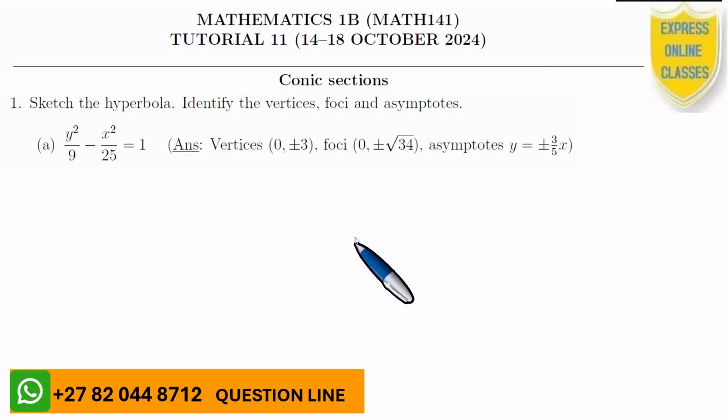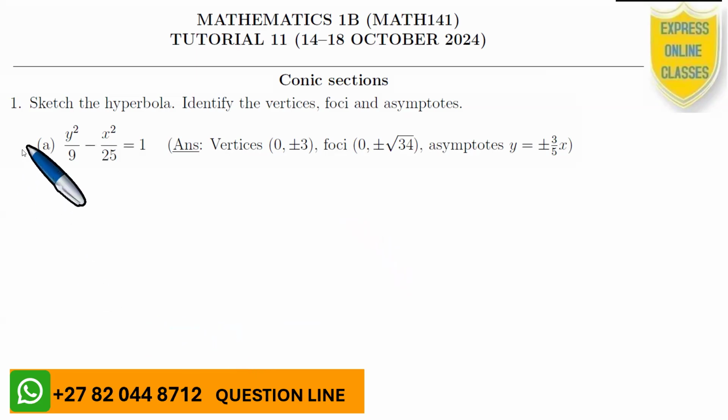In this lesson, we shall focus on Mathematics 1B, Math 141, tutorial 11, conic sections. Sketch the hyperbola, identify the vertices, foci and asymptotes.